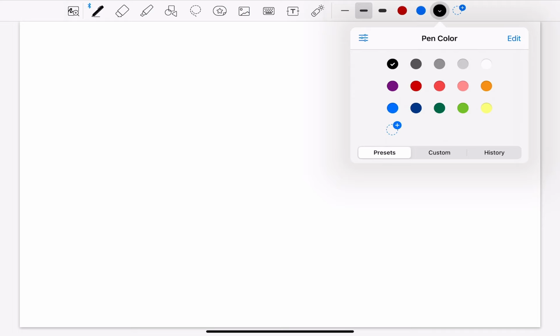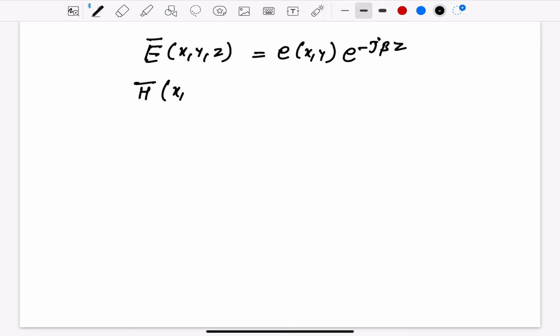So now we can write E as a function of x, y, z is equal to E of x, y, e to the power minus j beta z. And H as a function of x, y, z is equal to H, a vector, of x, y, e to the power minus j beta z.